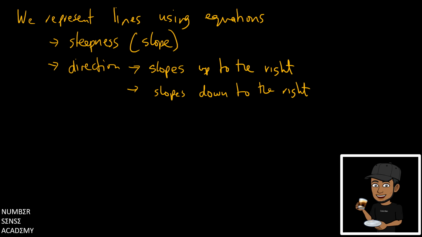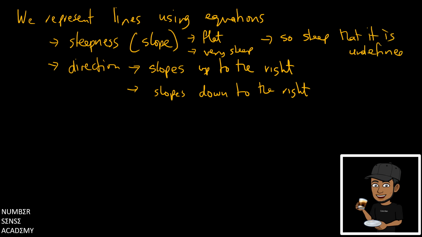And with steepness, we could talk about flat versus, say, very steep. And I'm going to throw this in here: so steep that you can't define it, that it is undefined. And we'll get into that as well.